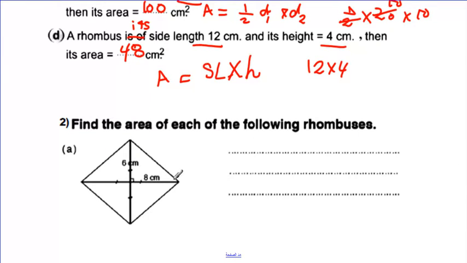It's 48 centimeter square. Okay, find the area of each of the following rhombuses. The first one, he gave me a rhombus and he bisected the two diagonals and gave me the half of the first diagonal is 6 and the half of the second diagonal is 8, and he wants the area. So first I want diagonal 1 and diagonal 2.